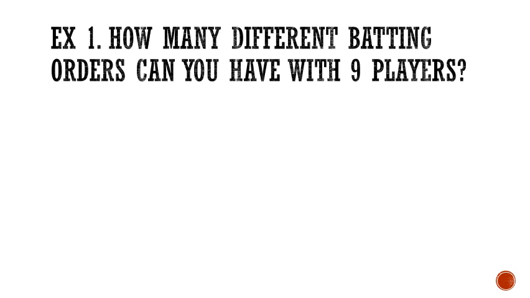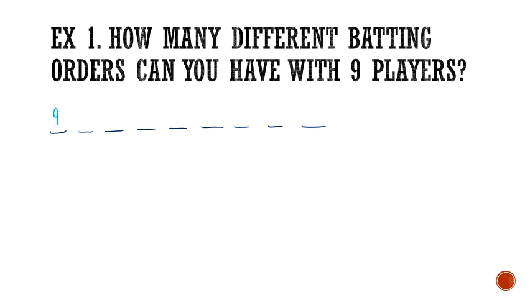Alright, so next we have how many different batting orders can you have with 9 players? So we're gonna kind of look at the counting principle here. So we have 1, 2, 3, 4, 5, 6, 7, 8, 9. We have 9 different spots for the batting order. For the first spot, we have 9 choices.